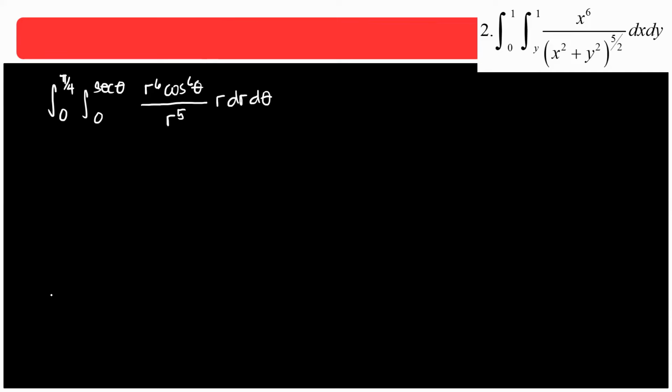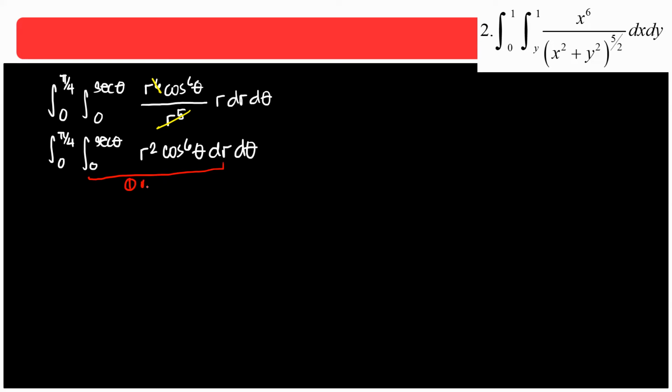Now let's try canceling out what we can cancel. So when you try canceling this out, this one becomes r squared cosine 6 theta dr and d theta. With respect to r, theta is constant.